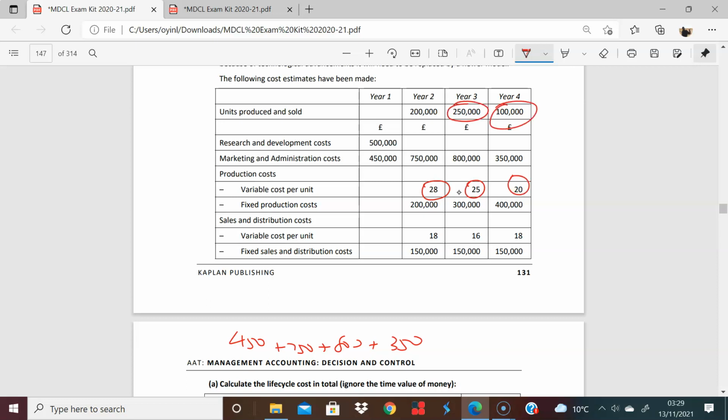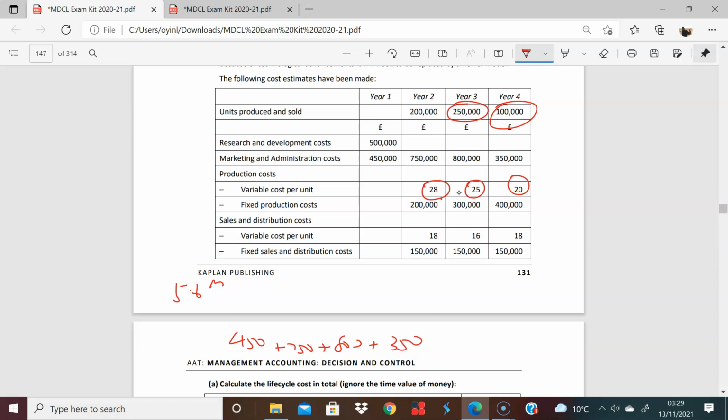So let me try this time and see if I get this right. So 28 times 200,000 is 5.6 million. And then I have 25 times 250,000.